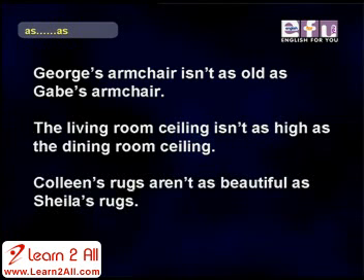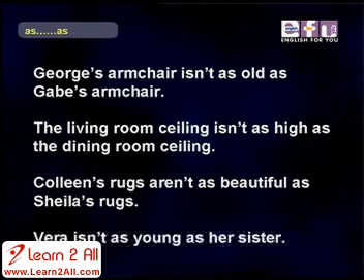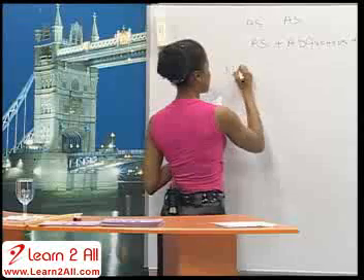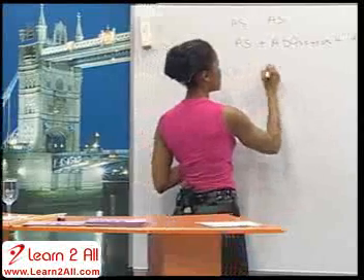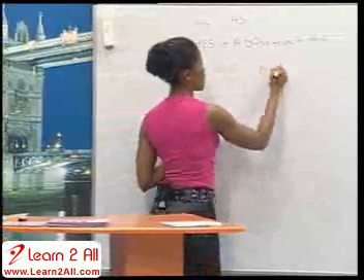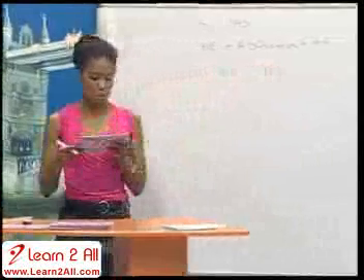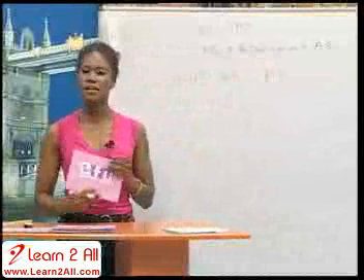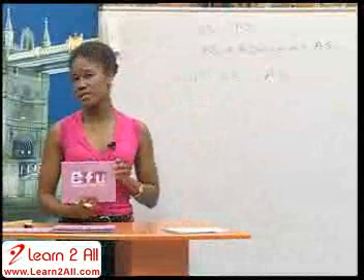Colleen's rugs aren't as beautiful as Sheila's rugs. Next example. Vera isn't as young as her sister. So, the negative form of as is not as. Okay, it is used to say that two parts of a comparison are not equal.